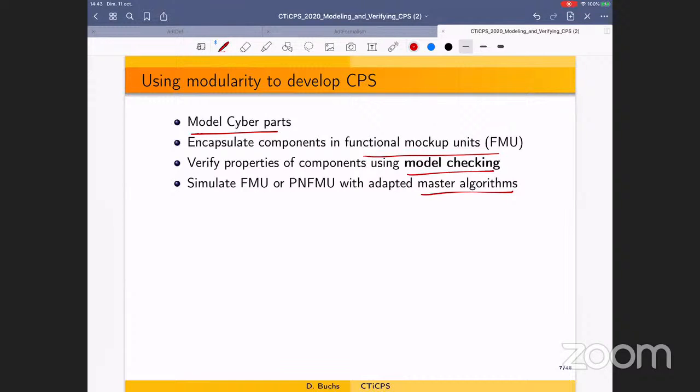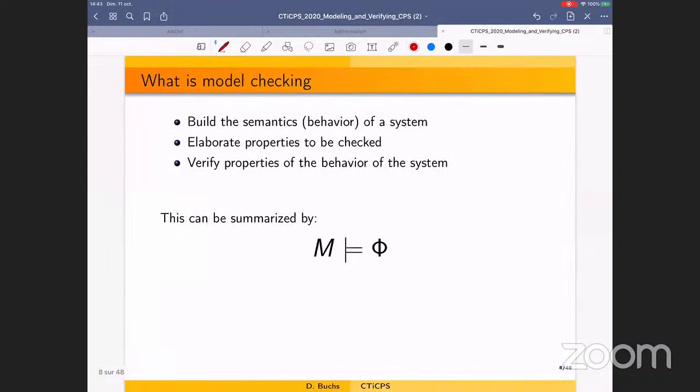Okay, so now I would like to talk a little bit more about model checking, which is the main part of my talk. So what is model checking? Model checking is the fact that we want to verify some property on models. The process of doing model checking is, in general, to build the semantics of a system, to define the properties that you want to check, for instance, using a temporal logic, and finally to verify the property. So this is the model.